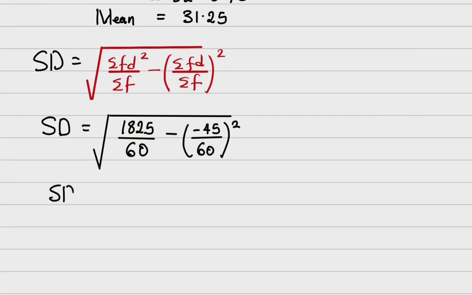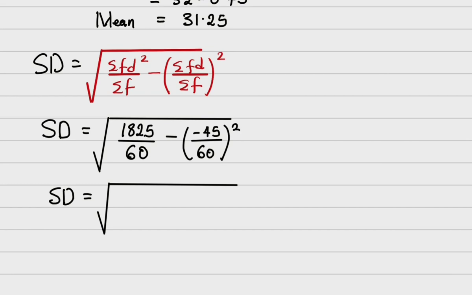Now, SD, if you actually work whatever we have inside the root, this is what we are going to have. 1825 all over 60. Then minus, once I work out this square, I'm going to have 2025 all over 3,600.